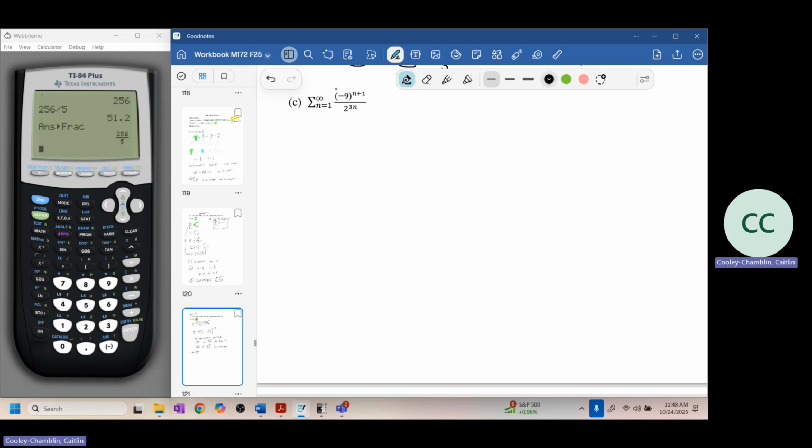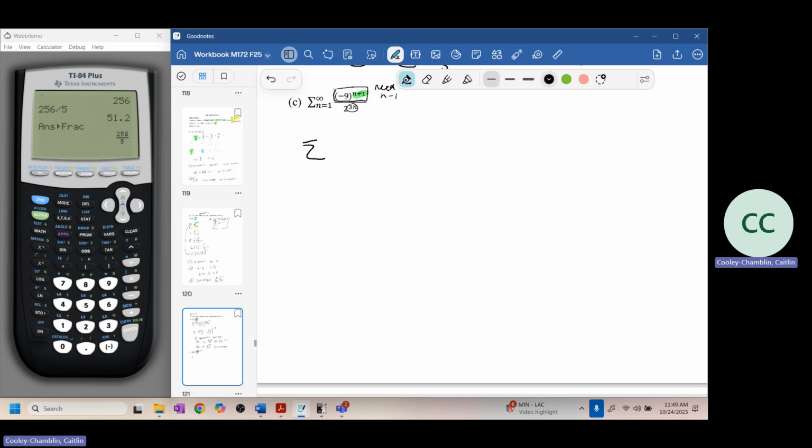So first off, I need that power to be n minus 1. And same thing here with the 2 to the 3. We're going to do this in a few more steps than what we have been.